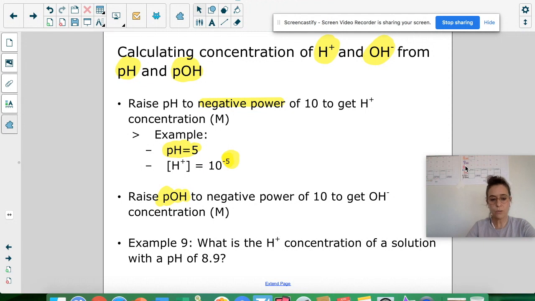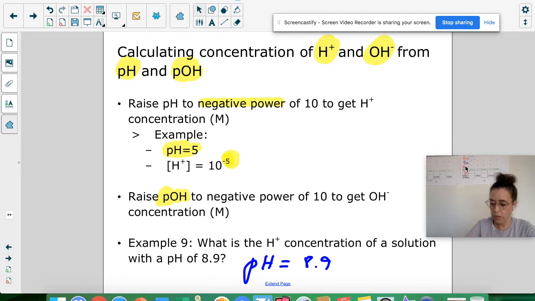Let's do an example. In this example, it says, what is the concentration of a solution that has a pH of 8.9? So the pH is 8.9, and I want to find the concentration of the protons.